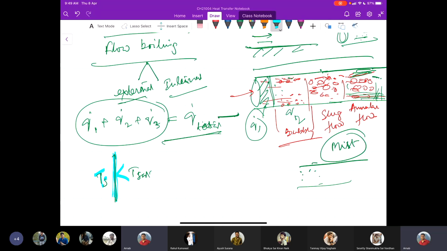But what you have to now understand is that, like the flow or the boiling stages, there are two different forms of condensation that you can observe. One is called the film condensation, and the other is called the drop-wise condensation.